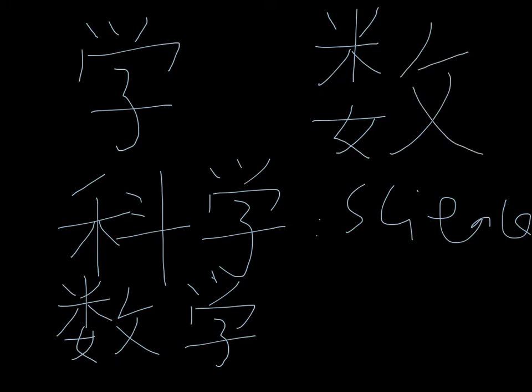If you find the character quite hard to write, you can obviously break it down, which makes it easier and create a little story from there. So that's 科学 and 数学. And then we have several other vocab about the school subject.